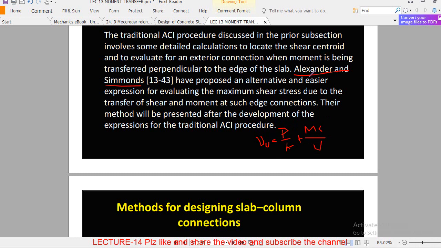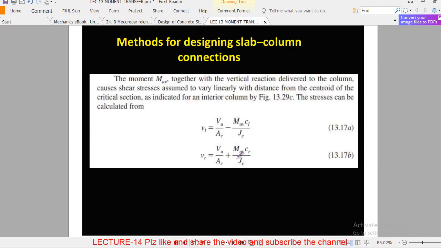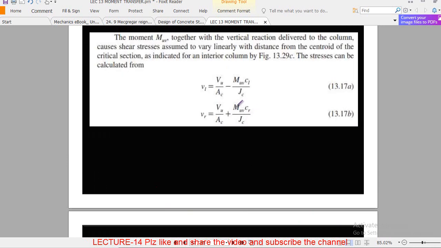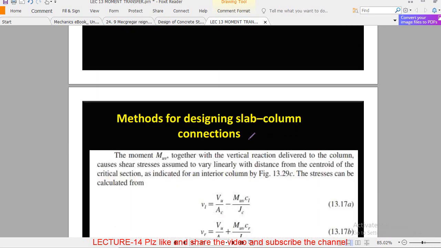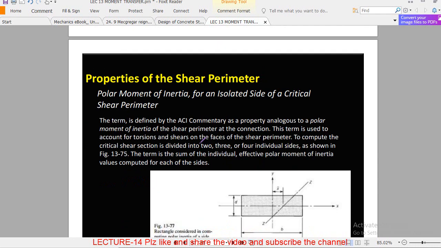By using that empirical equation, you can find this Vu very easily. The next thing is this one that you already know. Sometimes it may be negative, which is on the back side, and sometimes positive, which is on the front side. And remember, we have to use only Muv, together with the vertical reaction. This is the same.